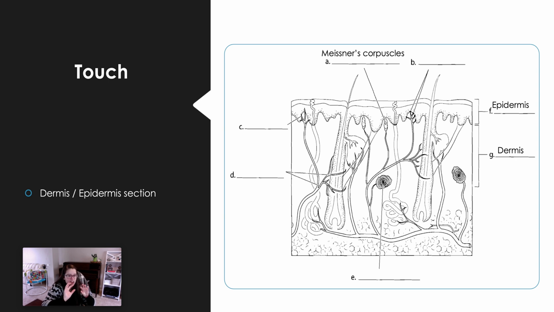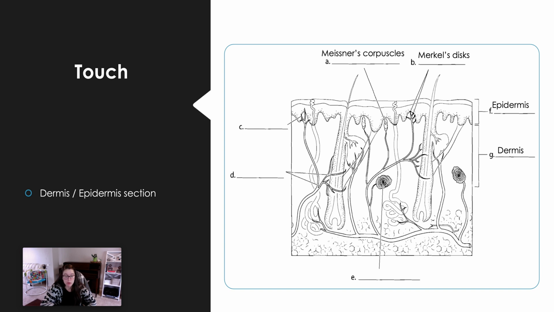It's mostly in the fingertips, so you have a very high concentration of Meissner corpuscles, or fine touch, here. As you go to regions of the body that are not responsible for, say, gripping anything, these are spread further apart, and your sensation in those areas is far less than in your fingertips.